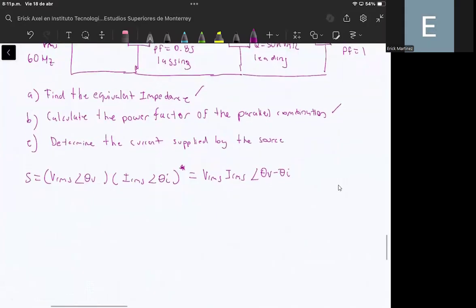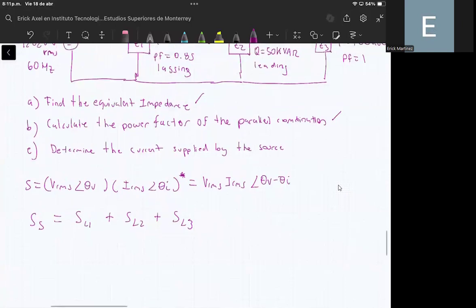So let's label it this way: the complex power of the source should be equal to the complex power of load number 1 plus the complex power of load number 2 plus the complex power of load number 3.